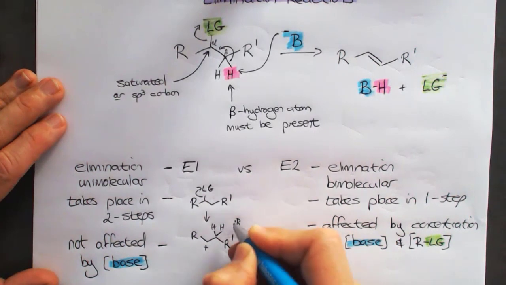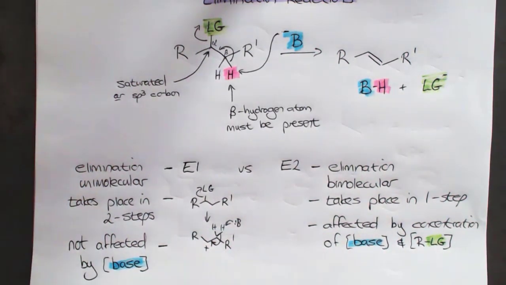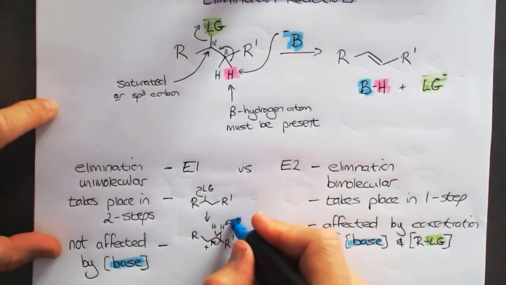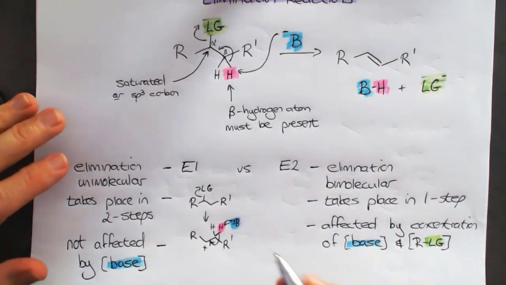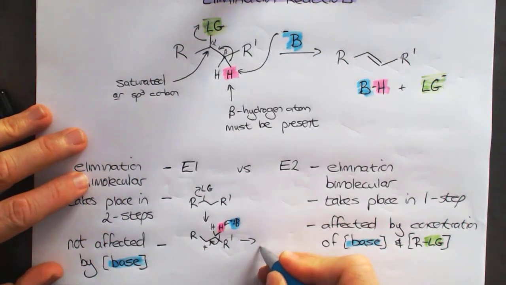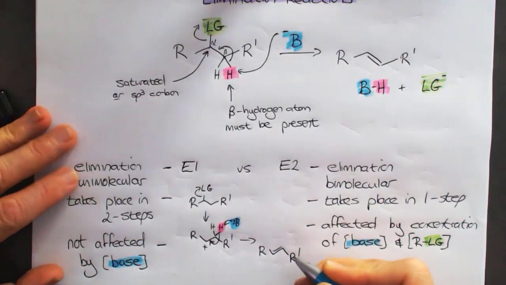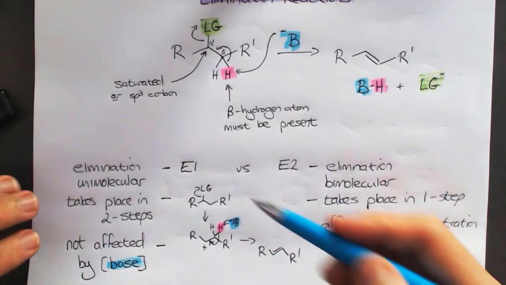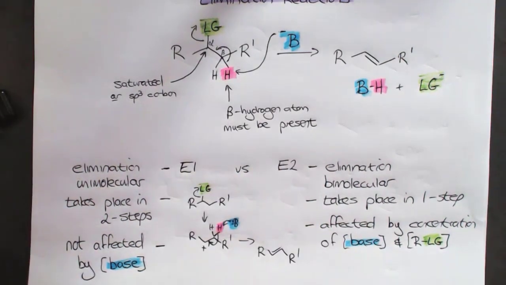Notice I'm just using a lone pair here. We're going to see why later, but it's typically because the bases here are weaker, but we'll get back to that. It picks up the H and we form our alkene. Like that over there. All right, so that's a two-step process.